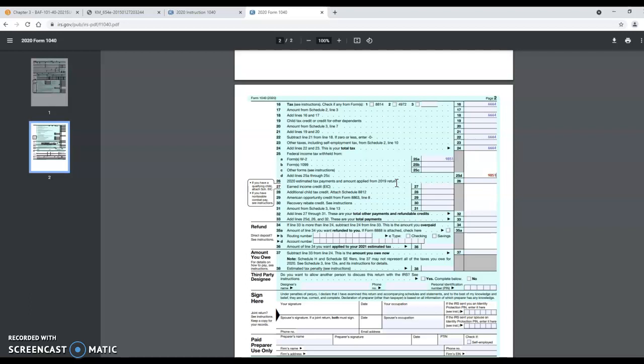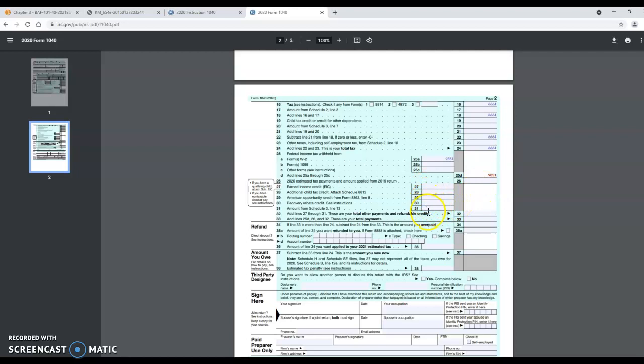If he would have done that, that would also be on line 26. Most people who are figuring on getting a refund, and figuring next year they'll probably get a refund, so they don't do that. So we'll just leave that blank.